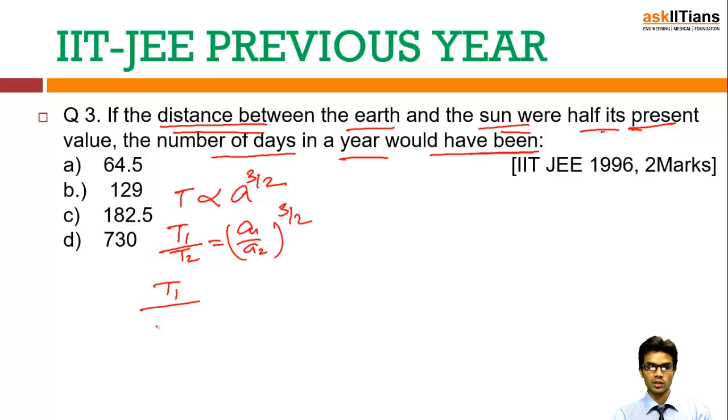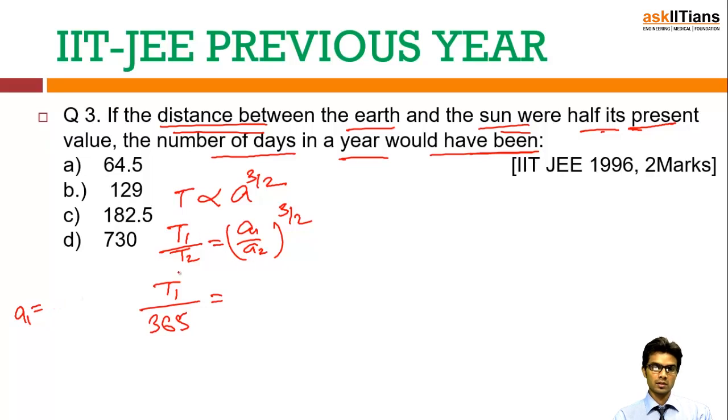The previous time period is 365 days. The distance between the earth and the sun is half of the previous one, so the previous one is a2.